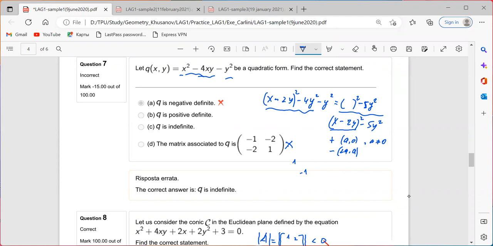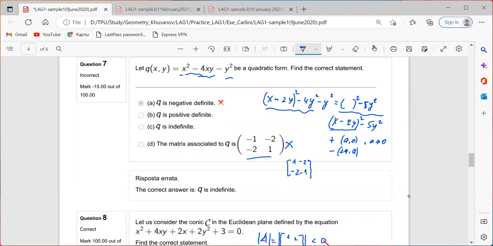And here we have to consider the coefficient of xy divided by 2, minus 2 and minus 2. So this is the matrix of this quadratic form, which is not this one. So D is also not correct. The only correct answer is that Q is indefinite.